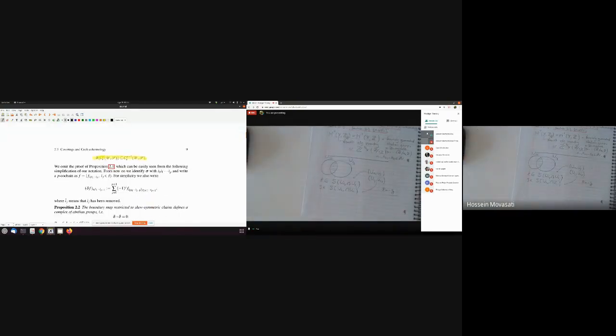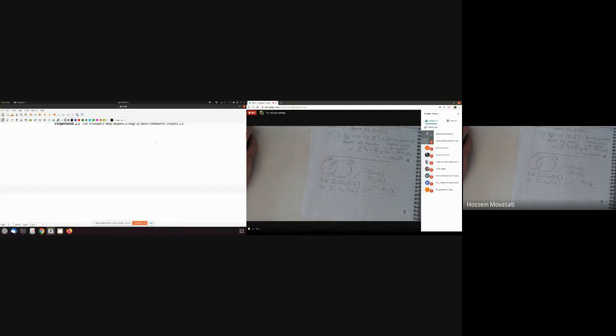Okay, so another simplification that we do in the case of this boundary map: for example, this concept of a restriction, we will not write it. You see that this bar here is the notion of restriction to this open set.